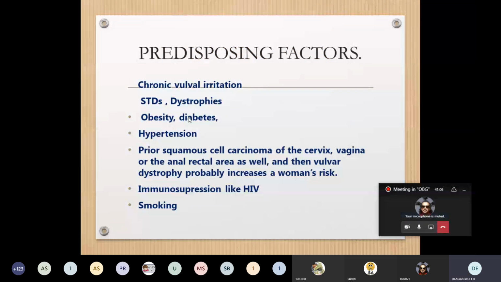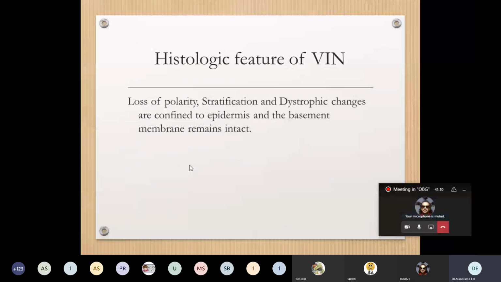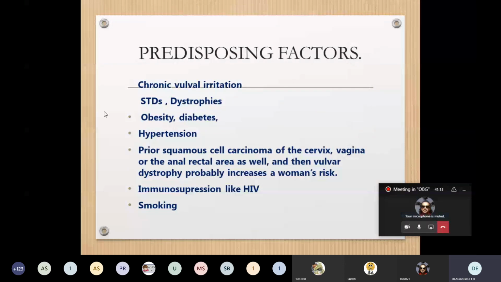All these are predisposing conditions for vulval pre-invasive cancer. The same predisposing factors will also be present for cancer vulva. So what are the factors? Chronic vulval irritation, any sexually transmitted diseases, and dystrophies. I told you vulval dystrophies come under benign conditions of the vulva, which mainly comprise leukoplakia, that is hypertrophy of epithelium, and lichen sclerosis, which is atrophy of the epithelium.